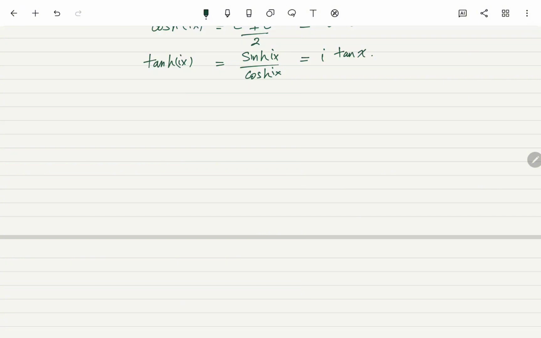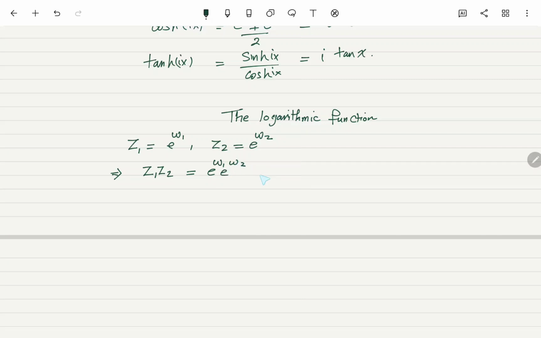Now let's define the logarithmic function. If z1 equal to e to the power omega 1 and z2 equal to e to the power omega 2, therefore z1 z2 equal to e to omega 1 times e to omega 2, which is equal to e to (omega 1 plus omega 2).